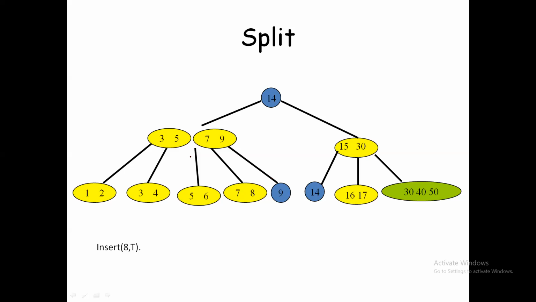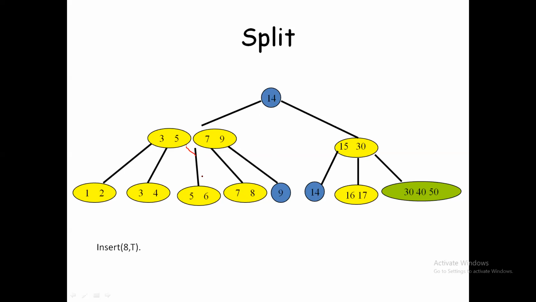When I do like this, what happens? Automatically 7 and above will come here. What about this one? This will come here, right? It can be inserted this side or that side. So what is the logic here?